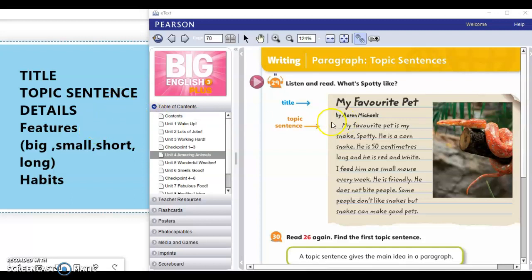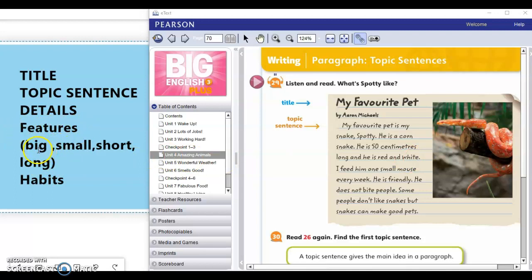First of all, if you take a look here, he writes, he is a corn snake and he is 50 centimeters long and he is red and white. So he gives us its features.